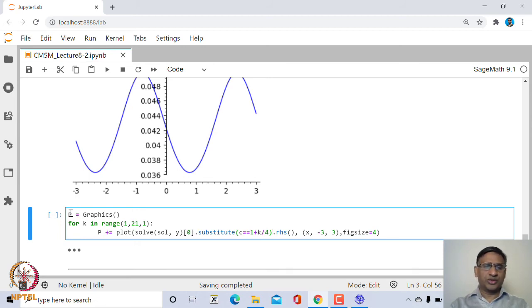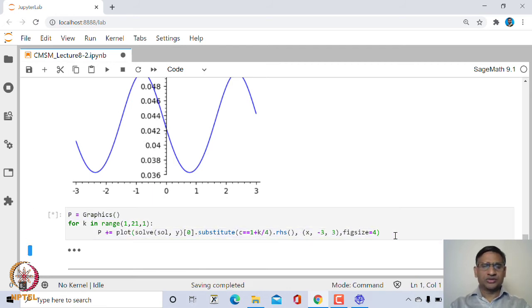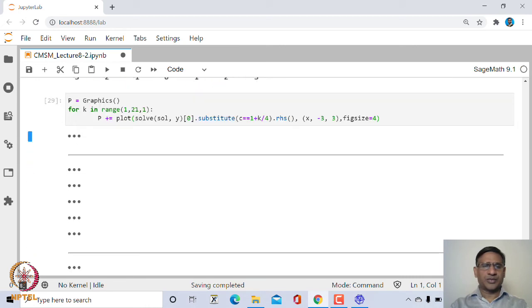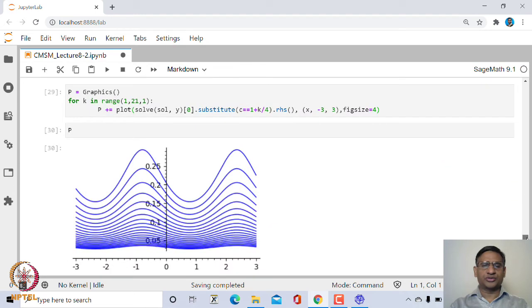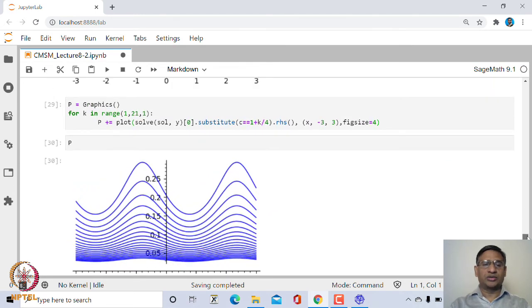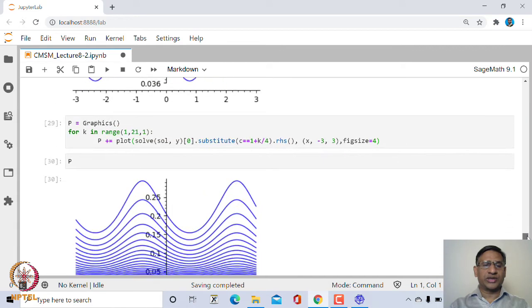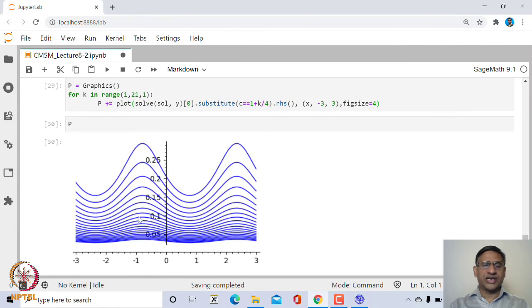So this is what we are doing. We start with an initial empty graphic, and in that you just keep on adding this solution curve. So let us plot the graph of this function, right. This is the family of solution curves, and you can do the streamline plot. You can look at the streamline plot, and you will see that it looks exactly similar to this, right.